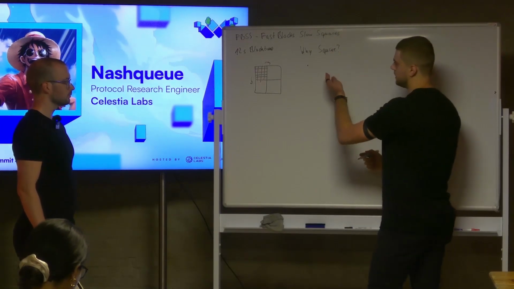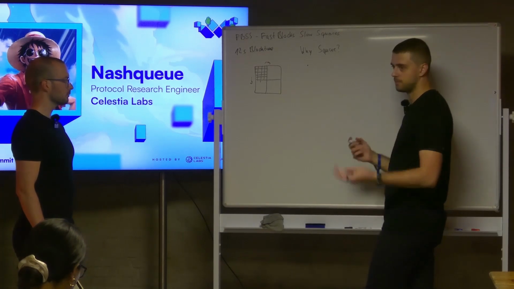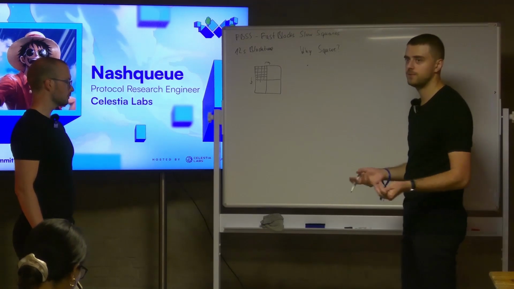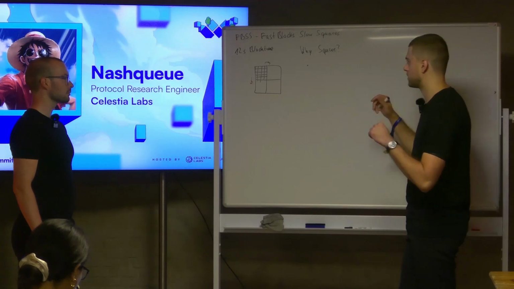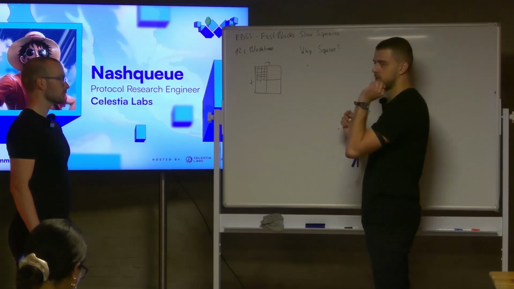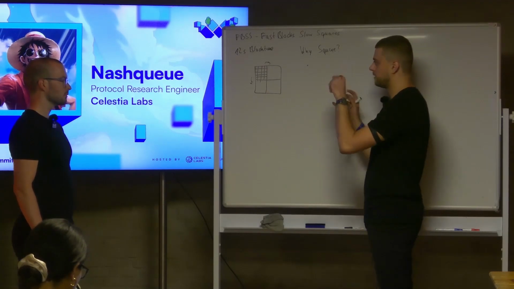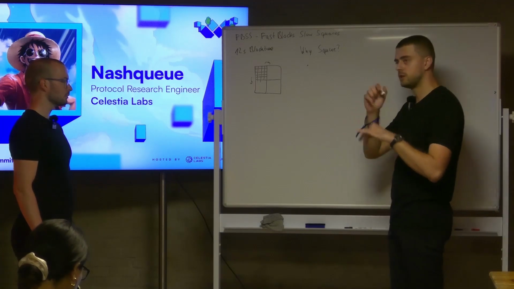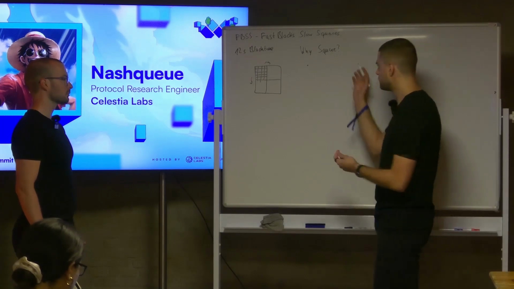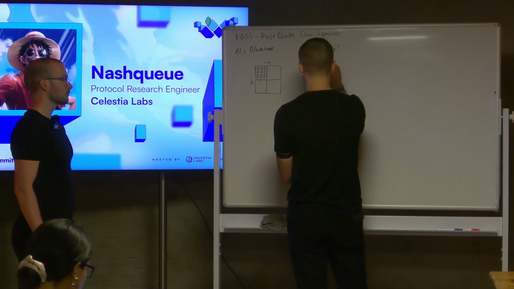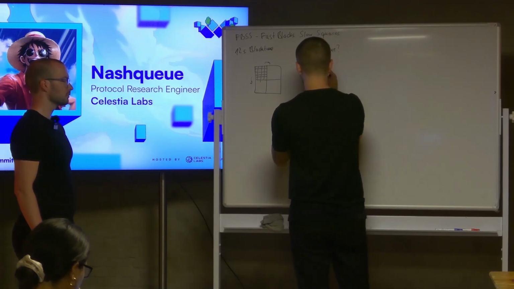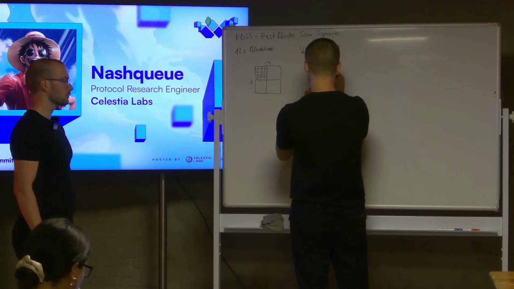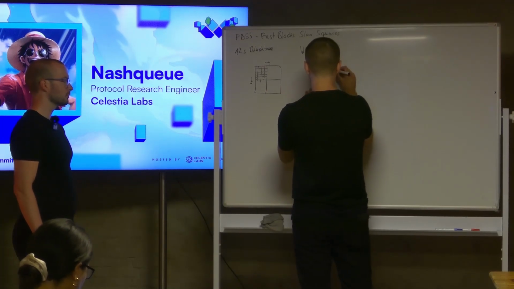One of the reasons is to sample the data. To have the data availability guarantee, the light clients will ask the full nodes and get proofs of the share to the data root. So sampling is one. And the next part is block reconstruction.